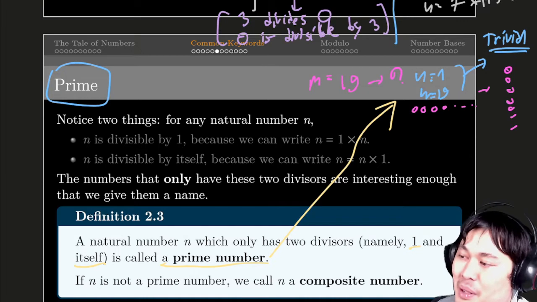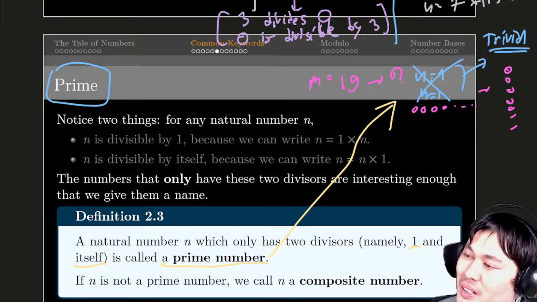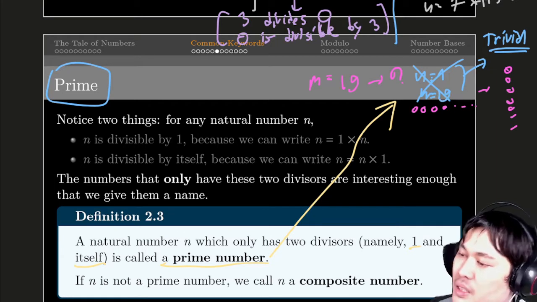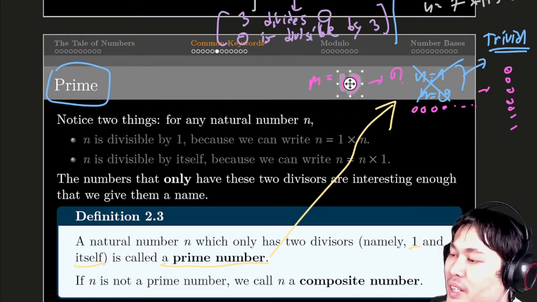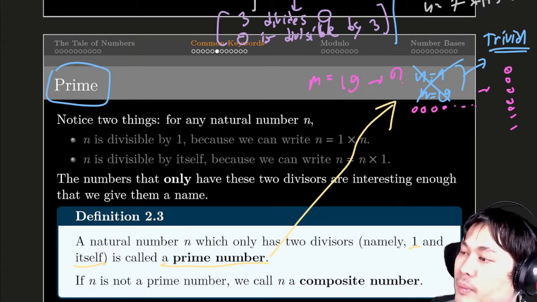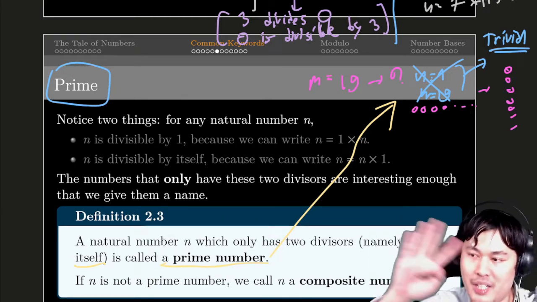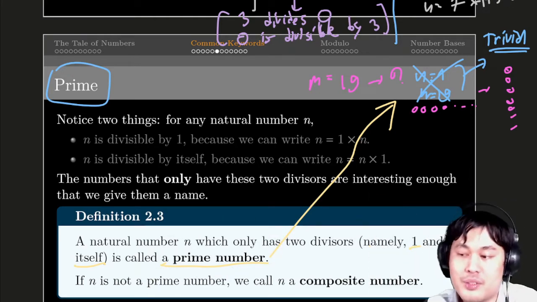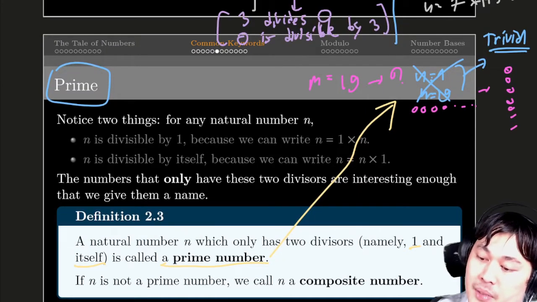We don't care about trivial cases. It's too obvious that this works. Every number has this property: it is divisible by 1 and by itself. So when we define prime, we have to exclude those two numbers. That's the property of a prime number.